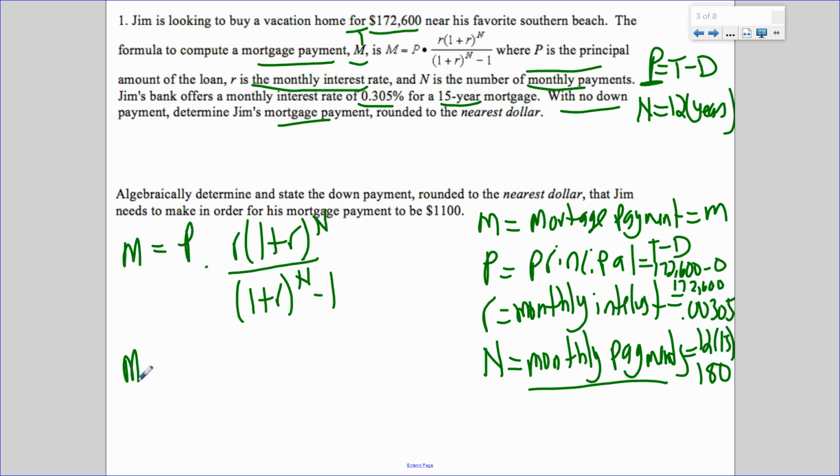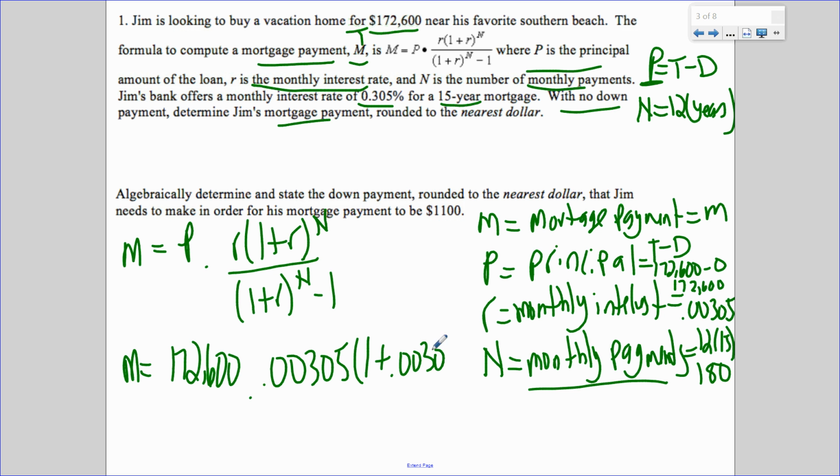So M equals 172,600 times 0.00305, 1 plus 0.00305 to the N, which is 180, over 1 plus 0.00305 to the power of 180 minus 1.